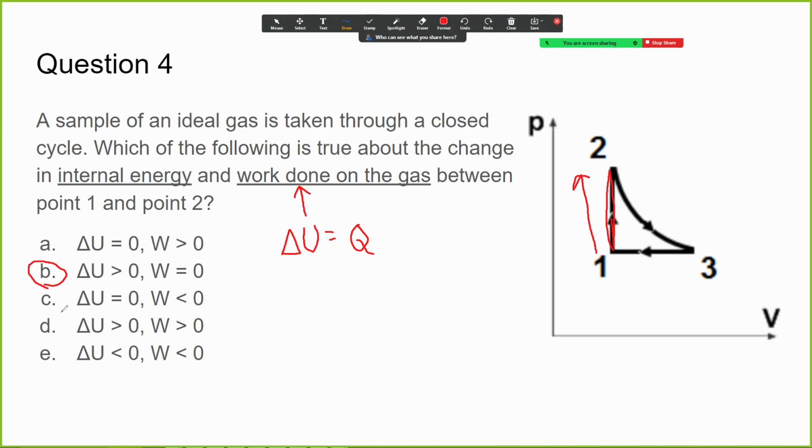So this is going up. Your internal energy is going to be increasing because of an increase in temperature, and your heat is obviously going to be there as well, because when it's isovolumetric, the internal energy is equal to the heat. Once again, I really hope this makes sense.